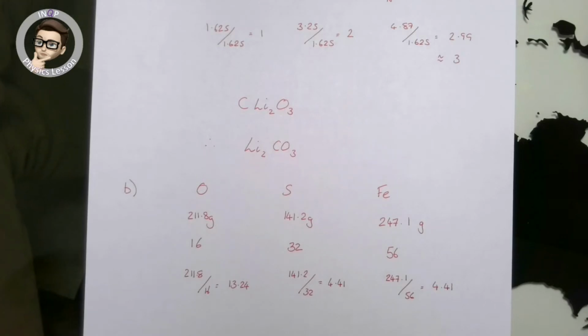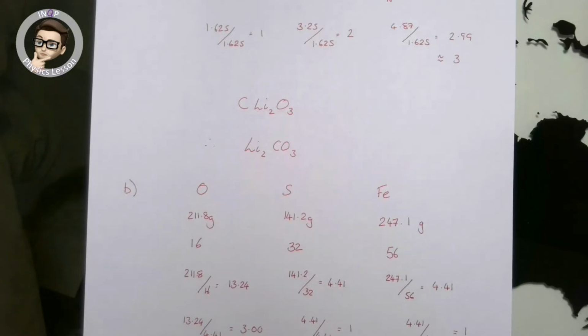Okay, so we're going to divide by the smallest. 4.41 divided by 4.41 is 1, and the other 4.41 divided by 4.41 is 1. And 13.24 divided by 4.41 gives us 3.00, so effectively 3.